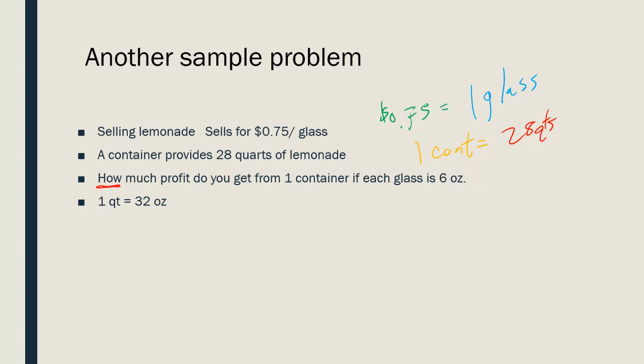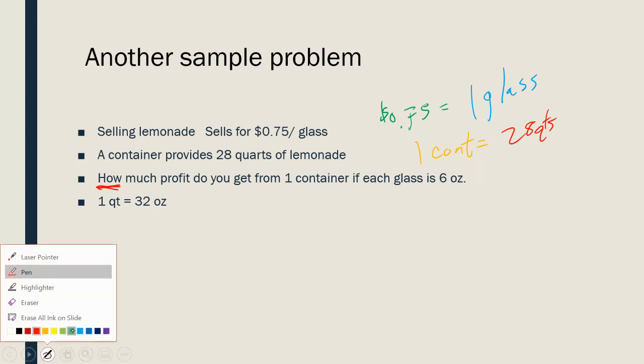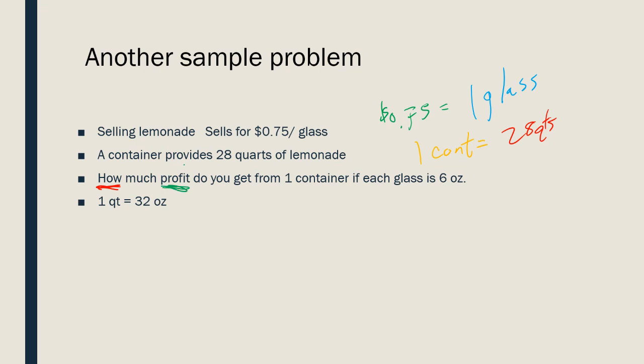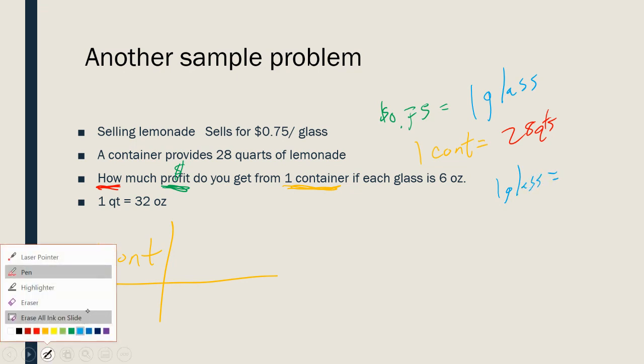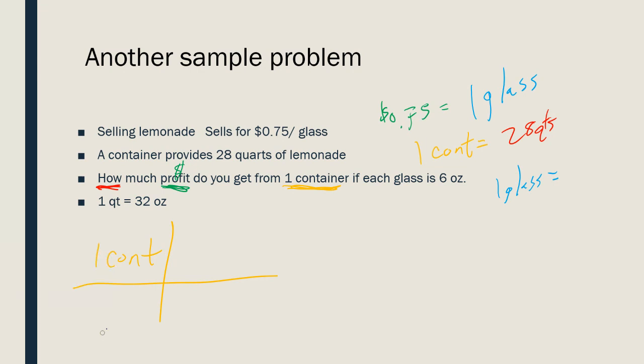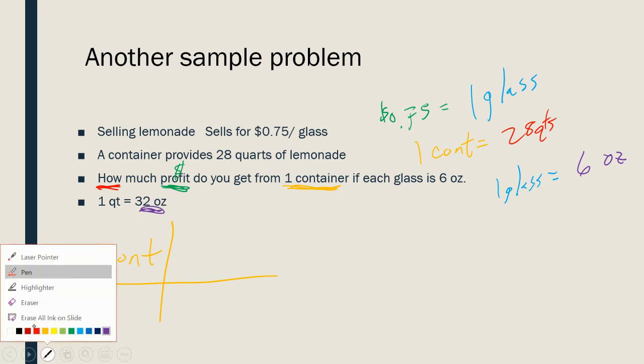So remember, the how tells you both what you're looking for, profit, so we're looking for money, and then what to start with. The how statement will tell you what to start with. And so 1 container is where we start. And each glass has 6 ounces in it. So 1 glass also has 6 ounces. And then I also tell you down here that 32 ounces equals 1 quart.